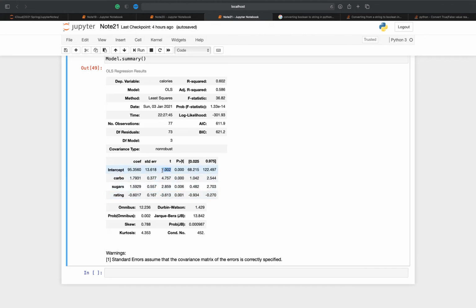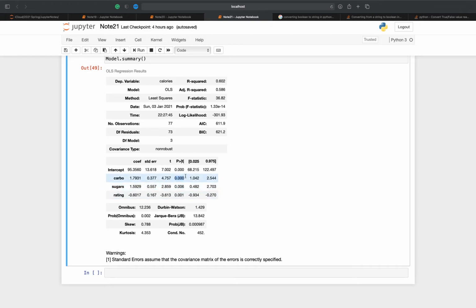If we have a larger T, it means we have a lower p-value. If we have a lower p-value, the coefficients are statistically significant. Rating has a statistically significant coefficient with calorie. Sugar also, but not as significant as rating.